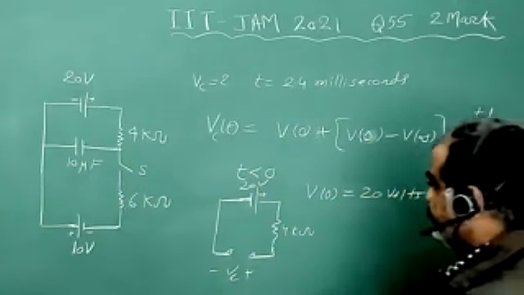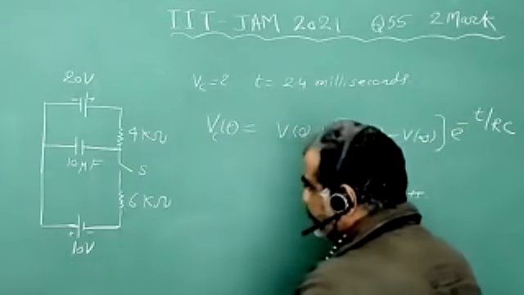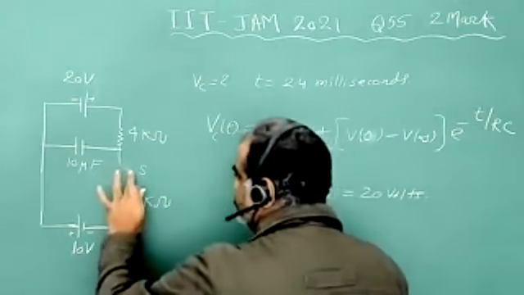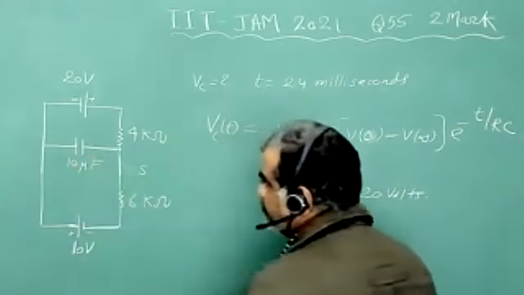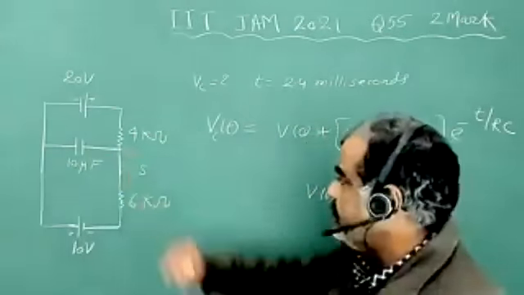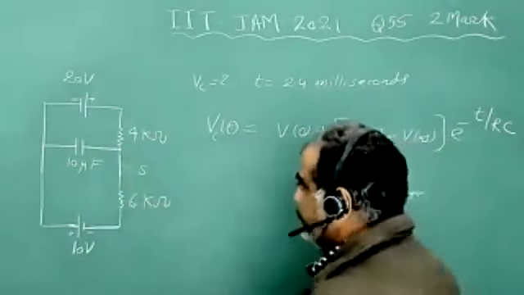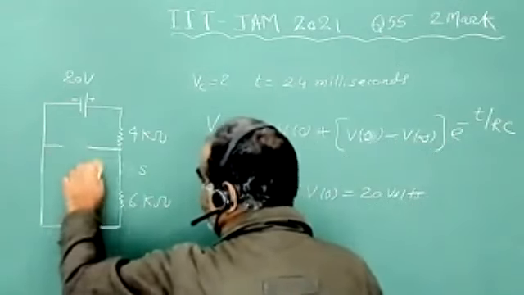Now after t equal to 0, I close this switch. Once I close this switch, in the second case, what is the voltage across this capacitor? Again this capacitor will get charged and behave like an open switch.